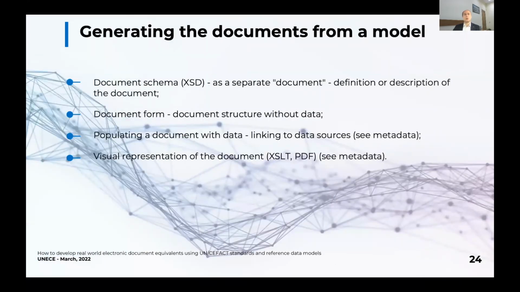Next topic is generating documents from a model. When generating documents from a model, we can talk about creating one or more representations of the corresponding document or data set.